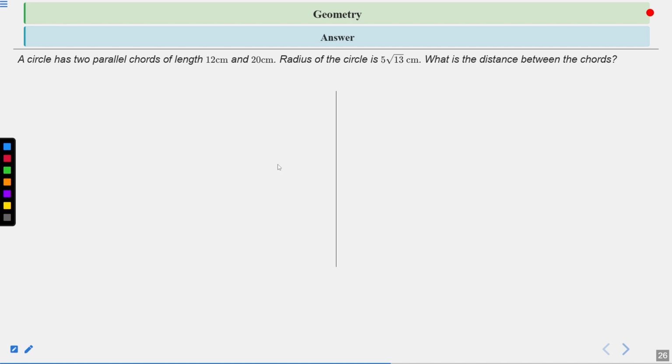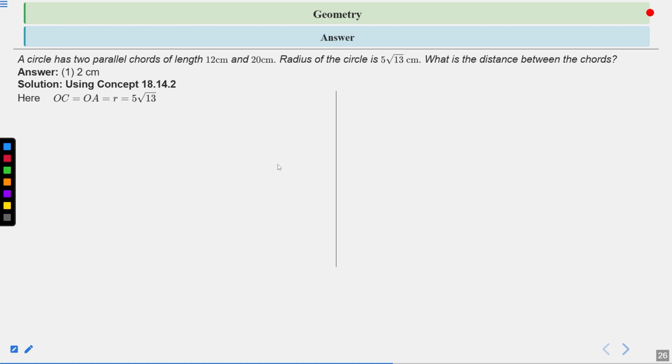Radius of the circle is 5 root 13 centimeter. So what is the distance between the chords? We can easily calculate it. The correct answer of this question is the first one, which is 2 centimeter. Now see the detailed solution using concept 18.14.2 in this question.